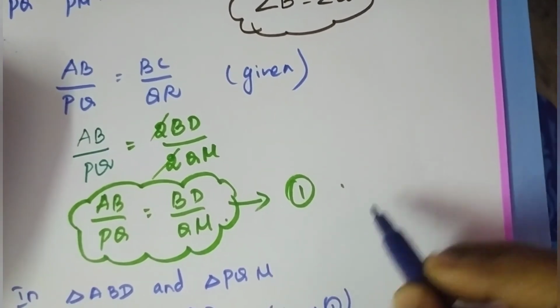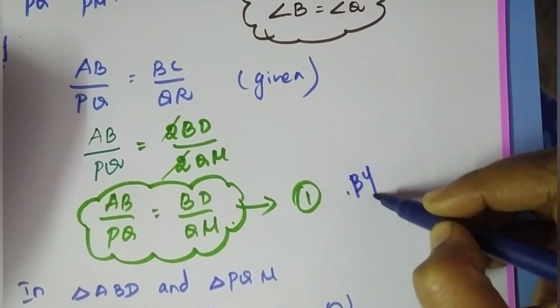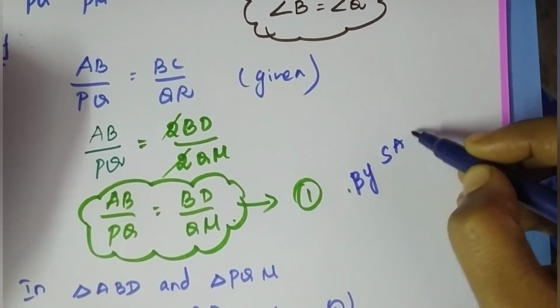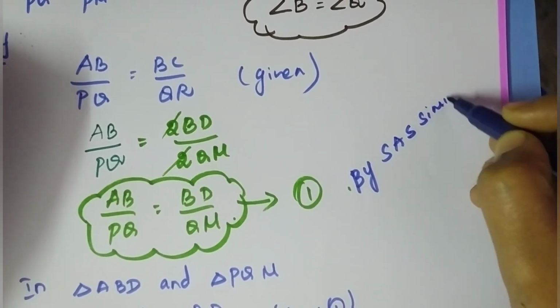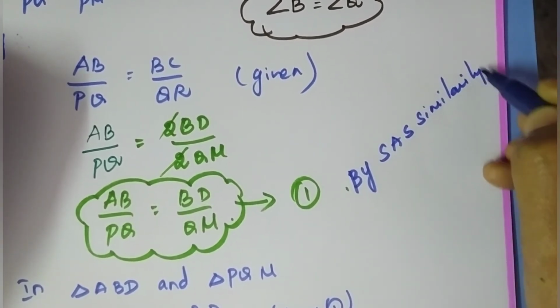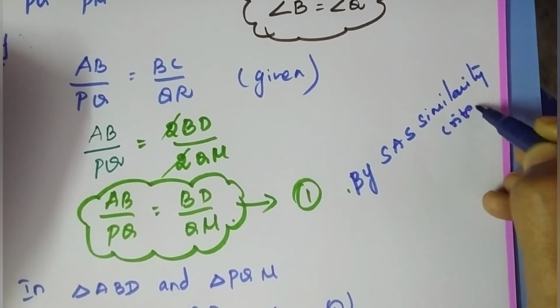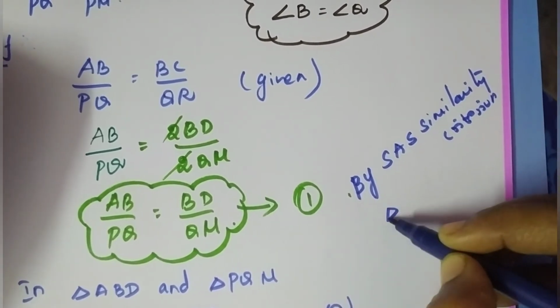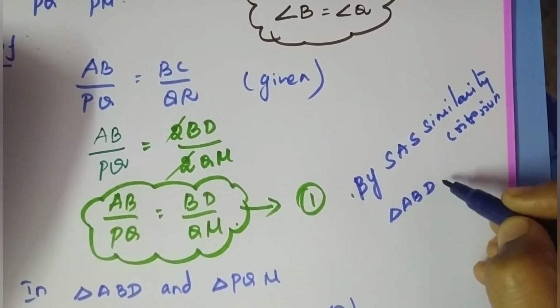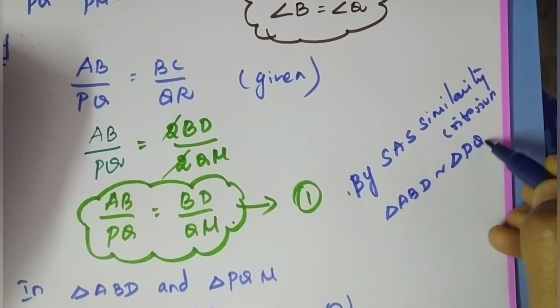So by SAS similarity criterion, triangle ABD is similar to triangle PQM.